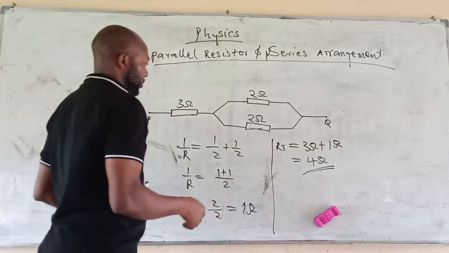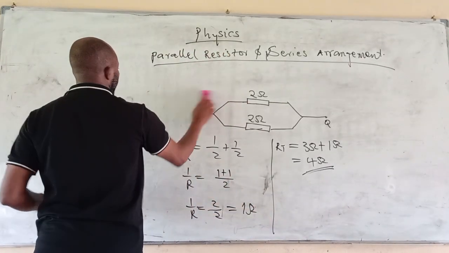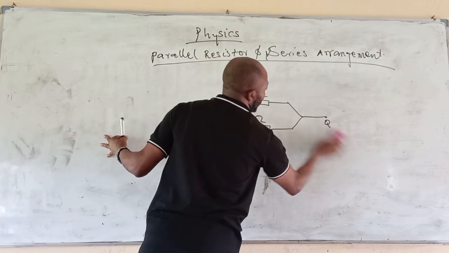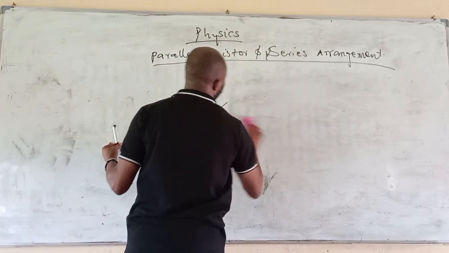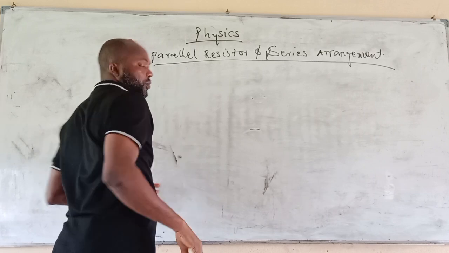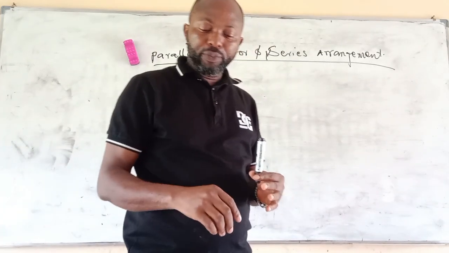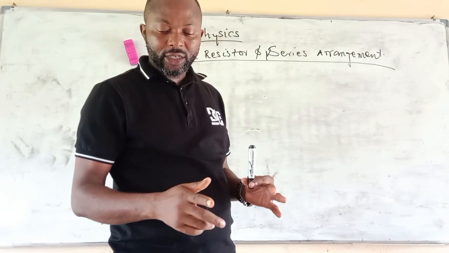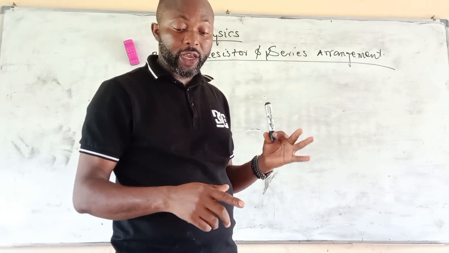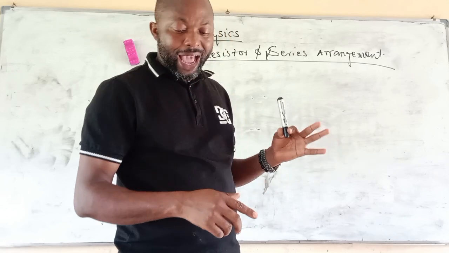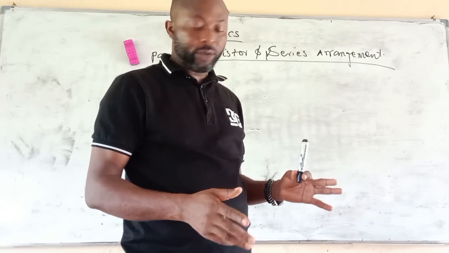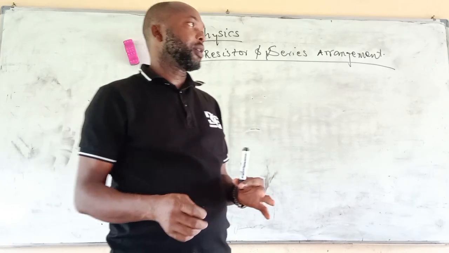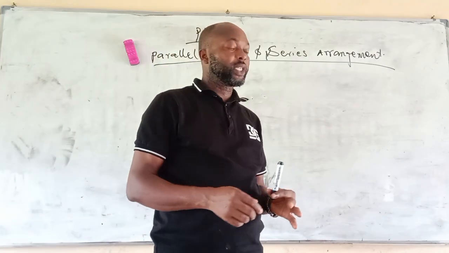It says a parallel combination of 3 and 4 ohm resistors is connected in series with a resistor of 4 ohm and a battery of negligible resistance. We should calculate the effective resistance in the circuit. That is a WAEC question.